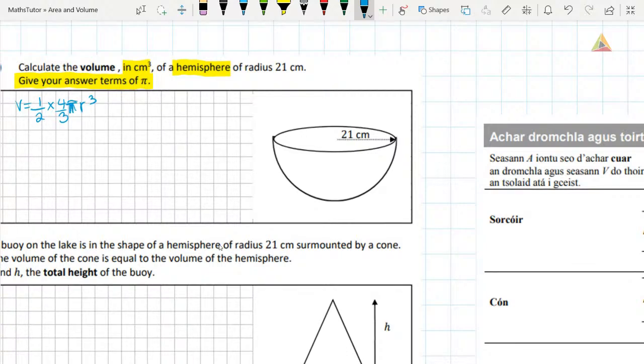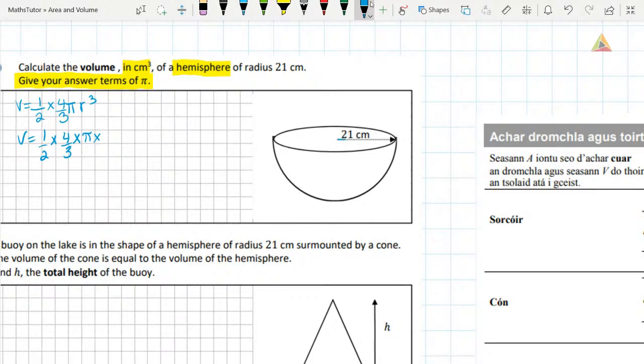Okay, so I want 4/3 pi r cubed, and I want my answer in terms of pi. So when I want my answer in terms of pi, I'm going to leave pi in my answer, so I'm going to use the pi button on my calculator. In this case, we have a half multiplied by 4/3, multiplied by the pi button on my calculator, multiplied by the radius cubed.